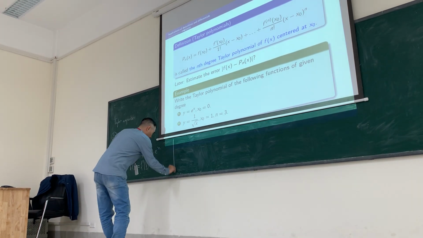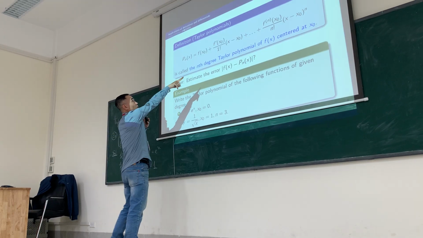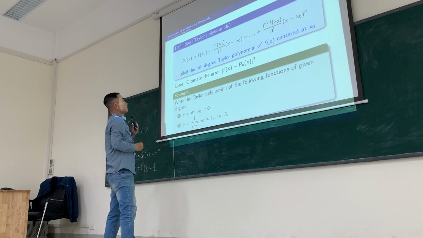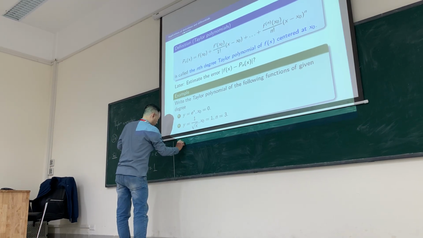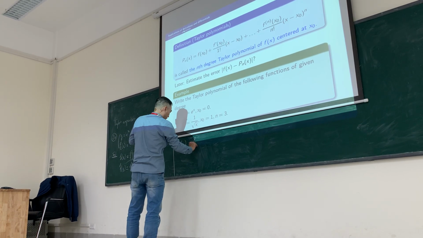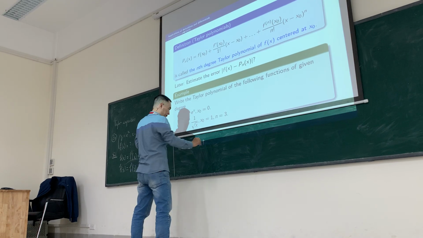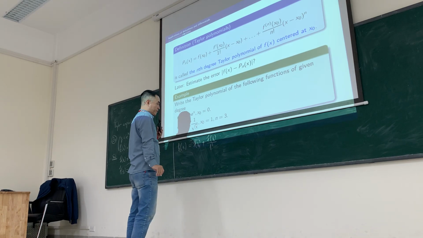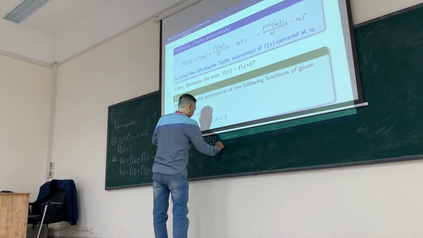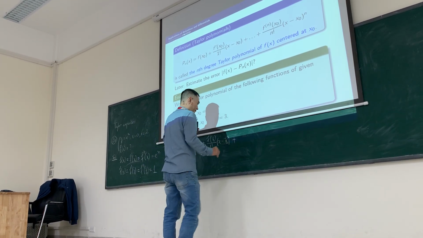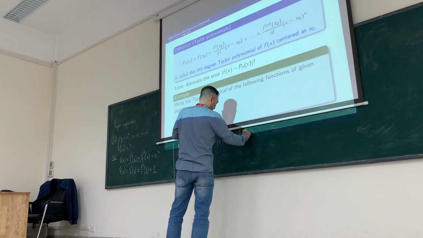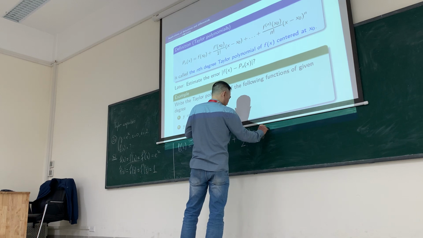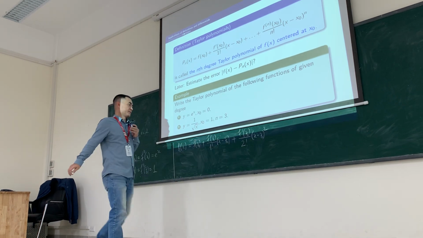To continue, we replace x0 by 0 and n by 2. We have P2(x) is equal to f(x0) plus f prime(x0) over 1 factorial times (x minus x0) plus f double prime(x0) over 2 factorial times (x minus x0) to power 2.